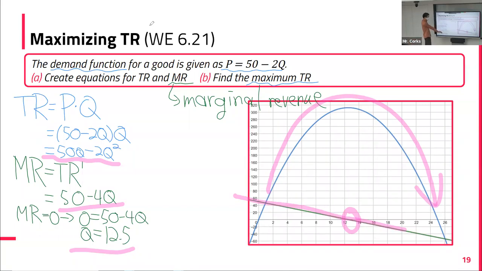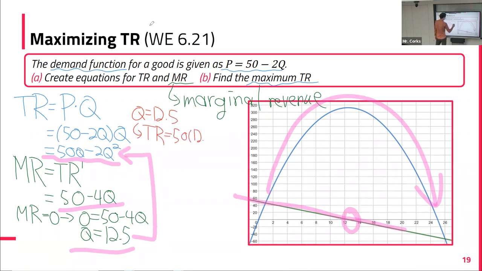How did we go from this, though, to get the actual maximum total revenue? All right, so this goes back into our total revenue equation. So when Q is equal to 12.5, total revenue was 50 times 12.5 minus 2 times 12.5 squared, and that turned out to be 312.5.